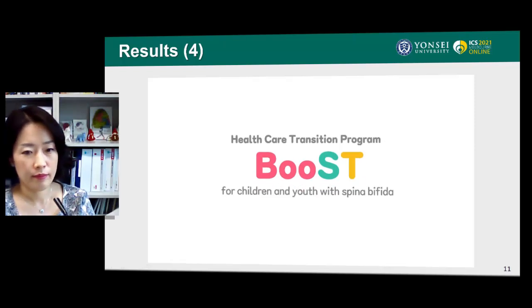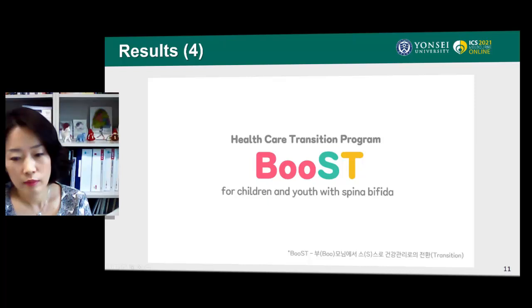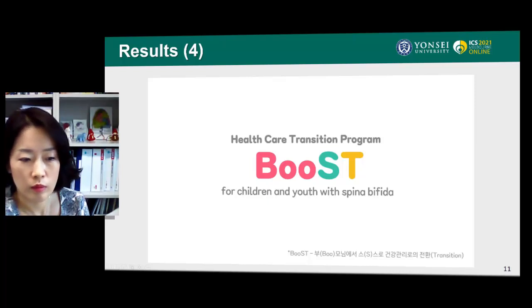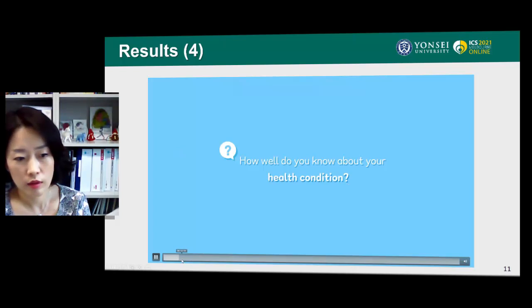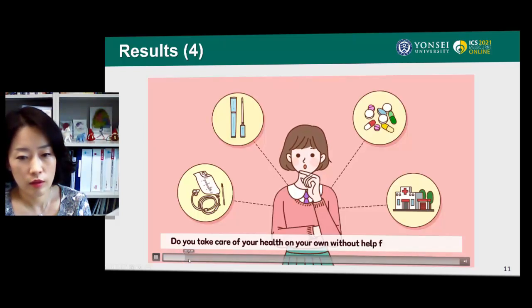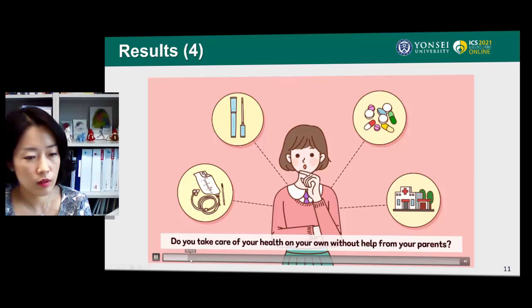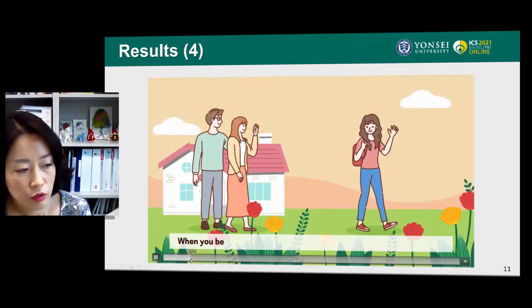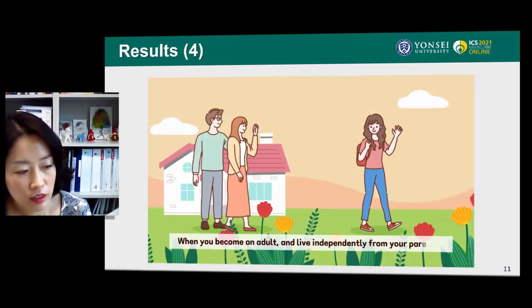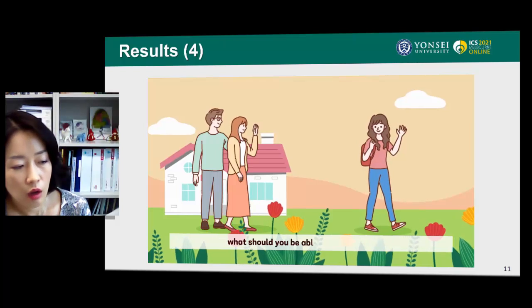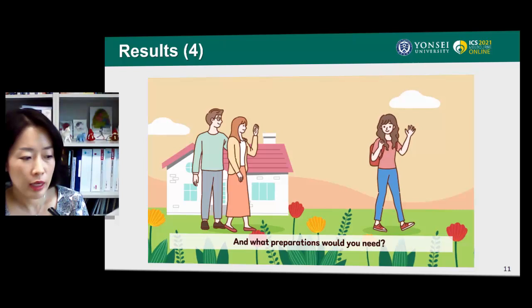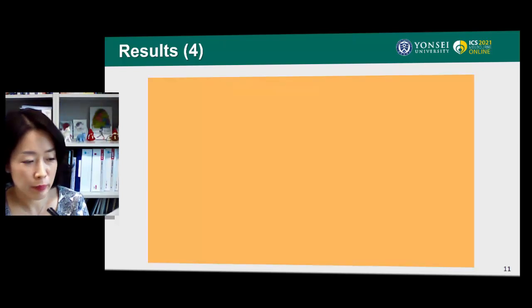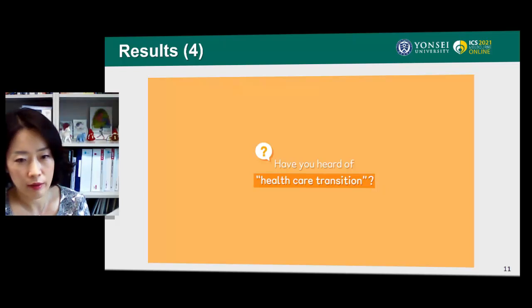Healthcare transition program for children and youth with spina bifida. How well do you know about your health condition? Without help from your parents? This video shows what transition is, what you should be able to do for yourself, and what you should be prepared for successful transition. Based on the concepts of our program, we are explaining healthcare transition easily and simply. Have you heard of healthcare transition?